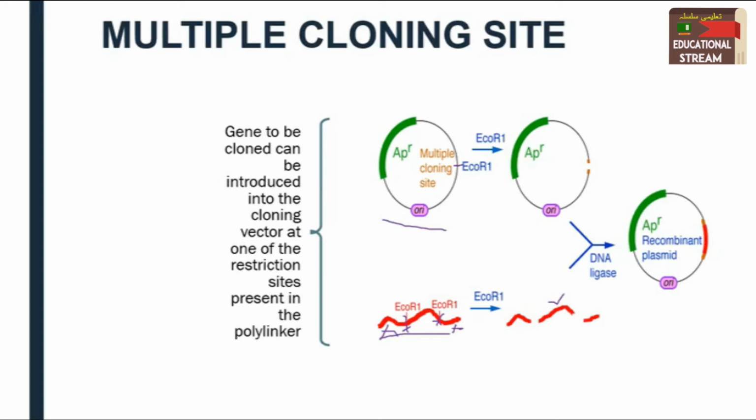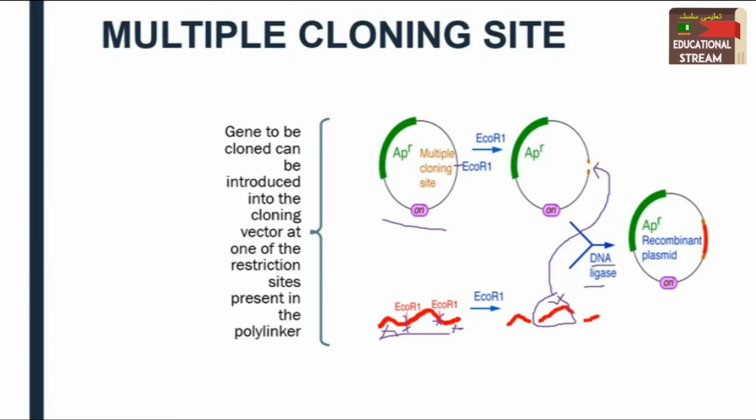Now it contains the overhangs, and we will discuss these when we talk about the restriction enzymes, that they produce sticky ends or blunt ends. Sticky ends means they can stick to their counterparts, and their counterparts are present in this gene sequence that we have cut with EcoR1. So when we mix it, we use a special enzyme known as ligase.